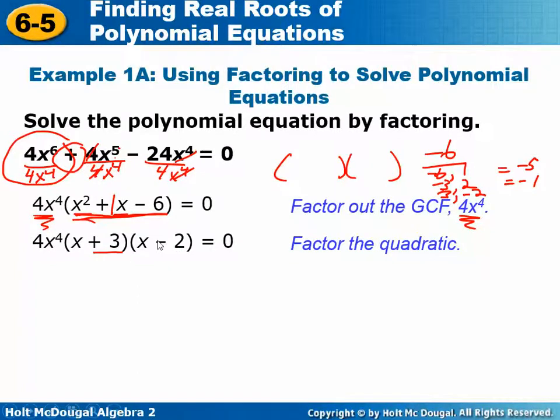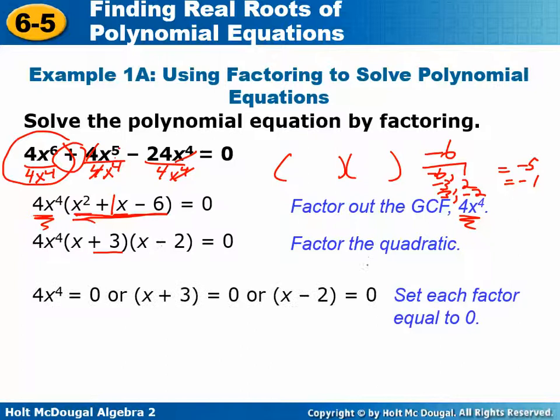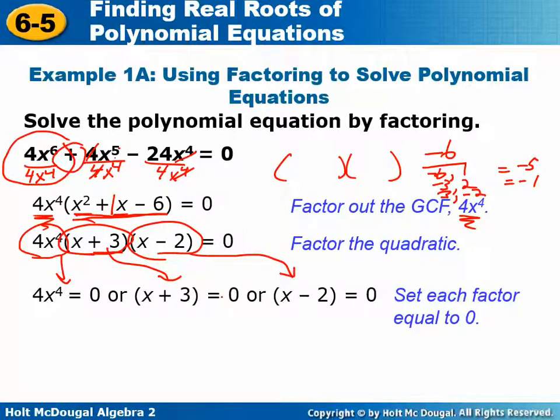So the next step is to set each one of those parts equal to 0. So this one has to be equal to 0, and that's right here. This one has to be equal to 0, and that's right here. And this has to be equal to 0. Because if any one of those parts was equal to 0, it would make this equation true. And then we continue solving to find x in each one. If you divide 0 by 4, you get 0.